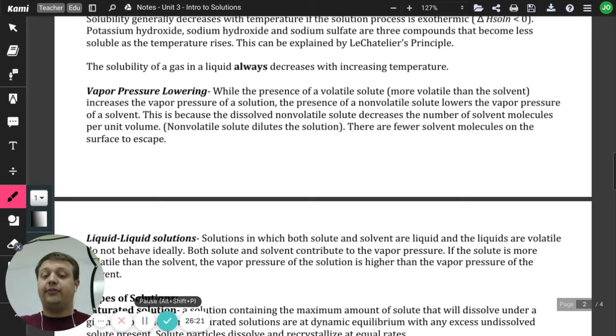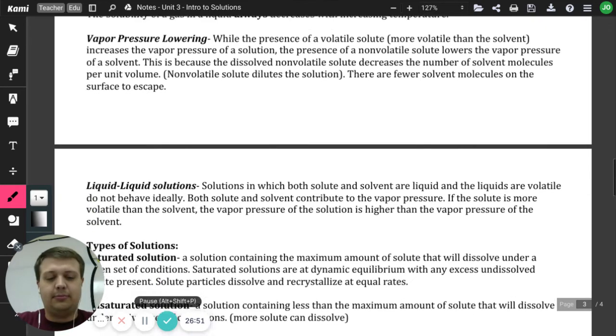This is because the dissolved non-volatile solute decreases the number of solvent molecules per unit volume. Essentially, because we've got non-volatile solutes, we're decreasing how many solvent molecules are actually present. There are fewer solvent molecules on the surface because those non-volatile solutes are preventing them from being there, right? And because of that, we're going to see a decrease in the vapor pressure.